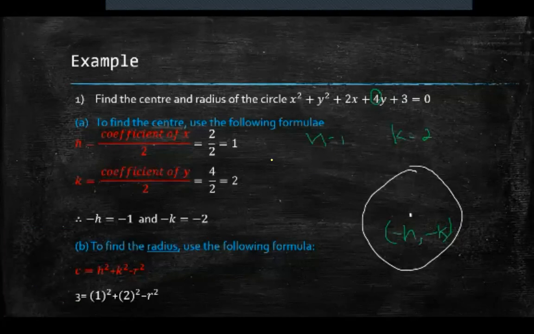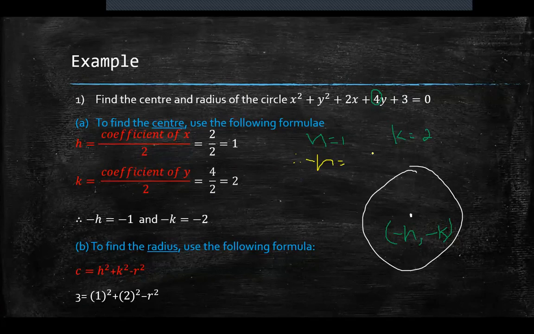So if h is equal to 1, what's the value of minus h? Let me just do it. If k is 2, then the value of minus k would be equal to minus 2.